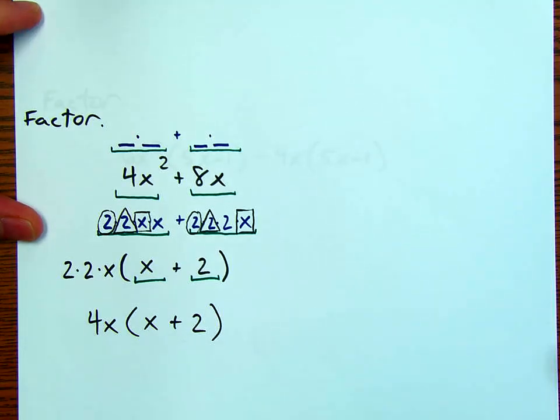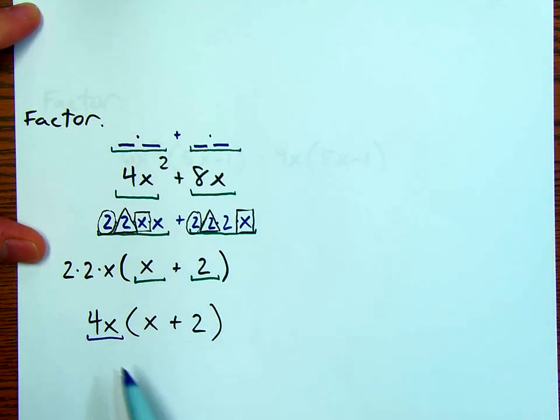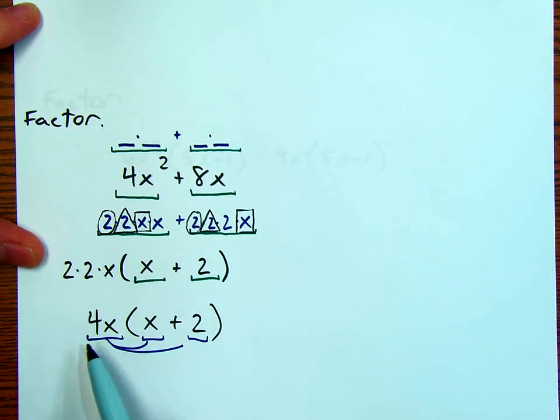And again, if we wanted to make sure that we factored it correctly, if we distribute this expression to the 2 terms on the inside, we better get what we started with. So 4x times x, well, this is like 1x if you wanted to think of it that way. So 4 times 1 is 4, and x times x is x squared. Because remember, the square, the exponent, means how many of those bases we have multiplied together.